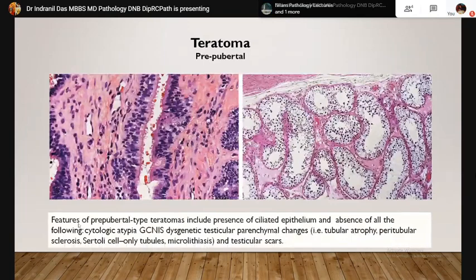The features of prepubertal teratoma include the presence of ciliated epithelium, absence of cytological atypia, germ cell neoplasia in situ, dysgenetic testicular parenchyma, or any testicular scar.